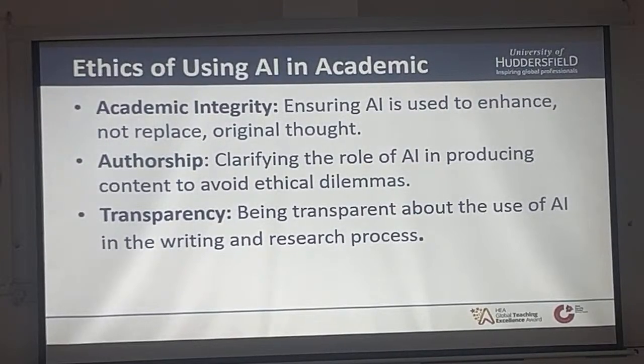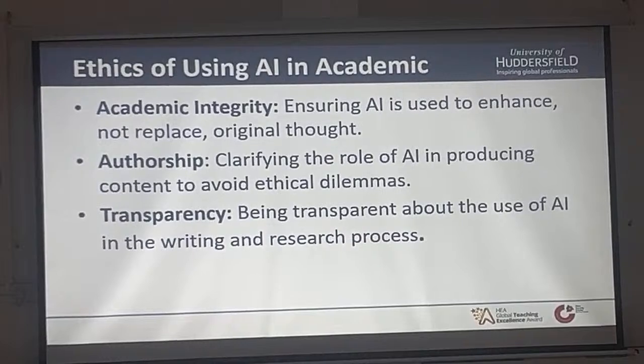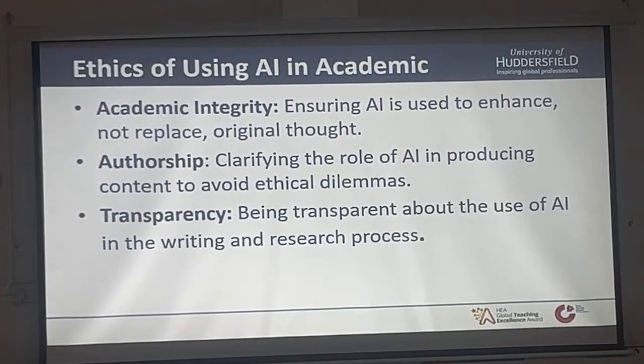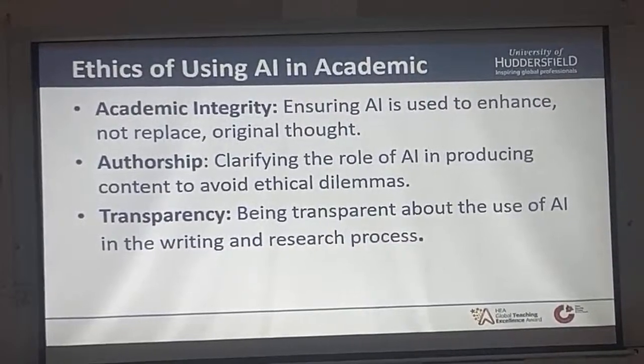Of course, humans can make mistakes too, but we need to acknowledge that. Also, you need to be transparent about using AI. There are now guidelines on how to report AI use. We have some examples here, and we will share them with you. So academic integrity, authorship, and transparency are important issues.